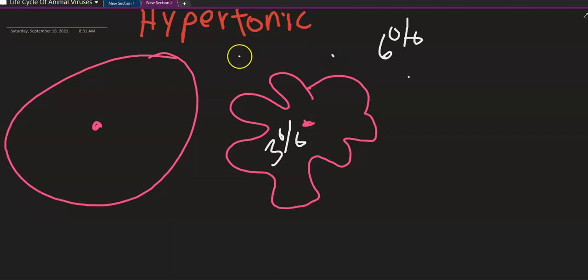So we'll have 6 outside, 3 inside. What's the net direction of water? It is going to go out to the higher concentration, so it's going to go out of the cell. So here, the cell will shrink and distort.